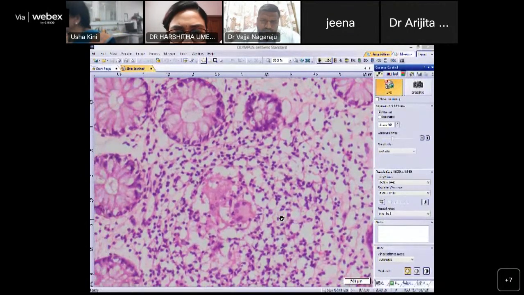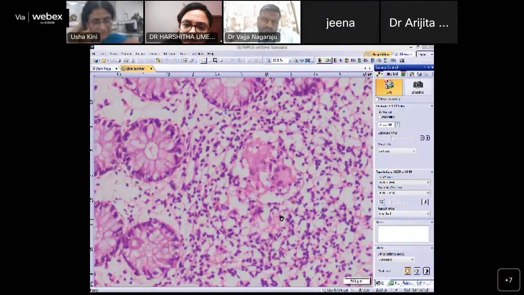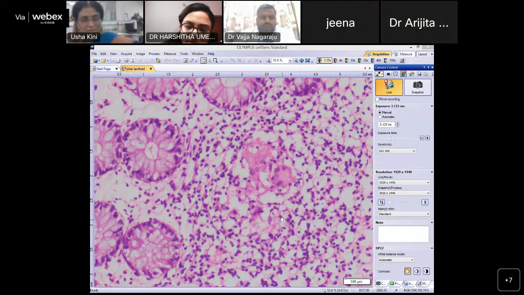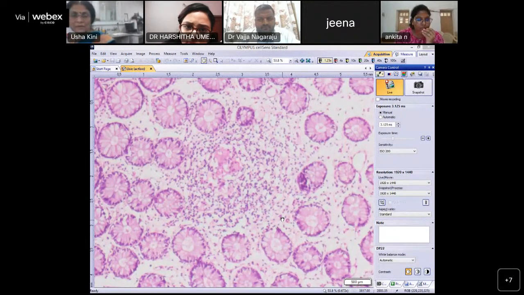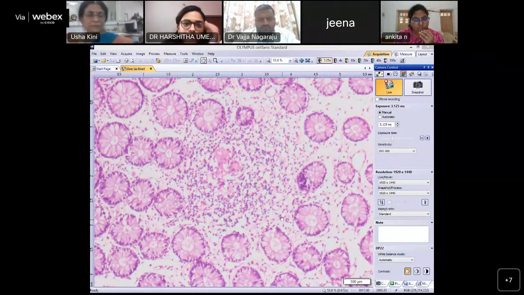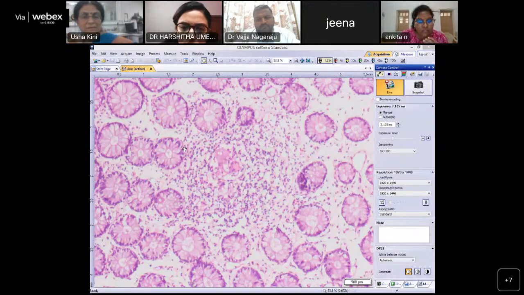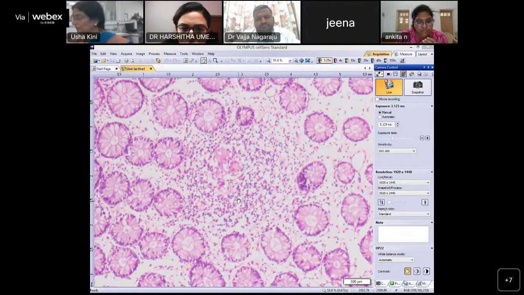Anything you want to add? Multinucleated giant cells are surrounded by lymphocytes. Yeah, and there are a few epithelioid cells by the side. So this is a mini granuloma within the mucosa of the cecum.